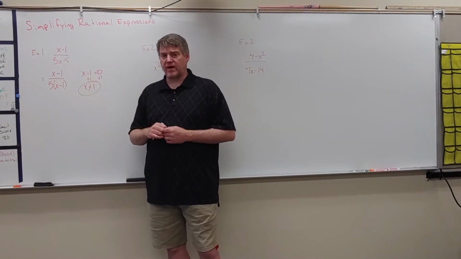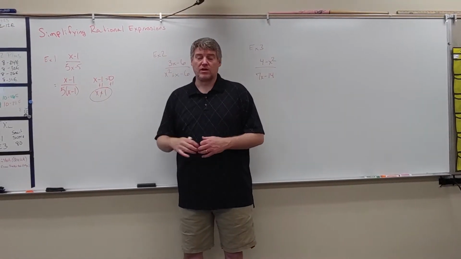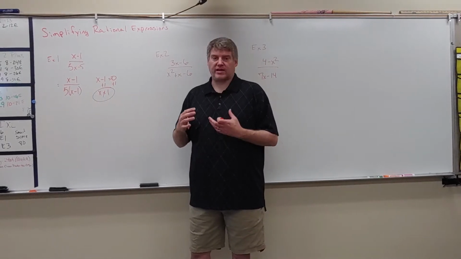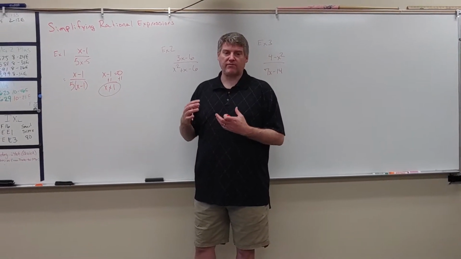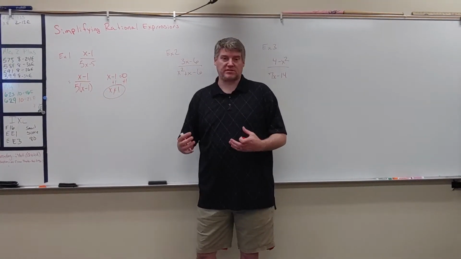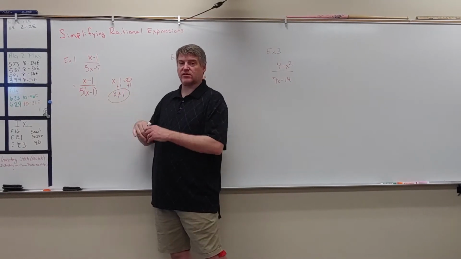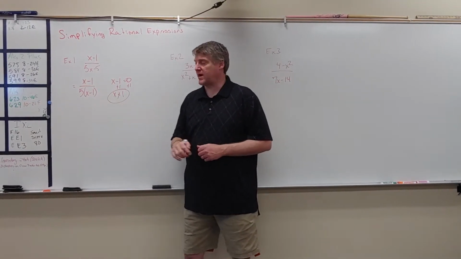Now when we're simplifying, we're going to cancel out things that are identical. When you're canceling out identical items, if you have a plus or a minus, it has to be the whole piece of it. So I can't cancel out just the x. I have to cancel out the whole x minus 1. They have to be identical.